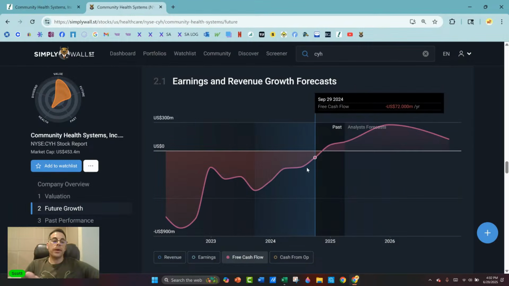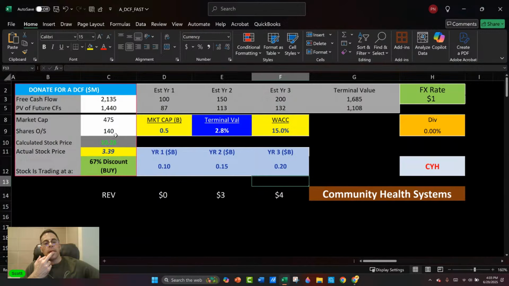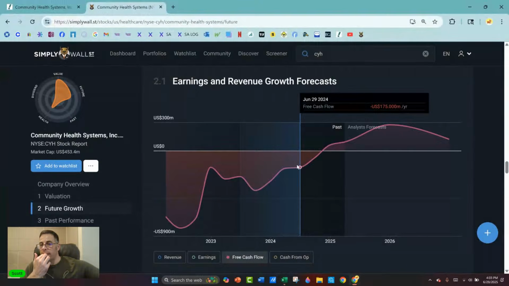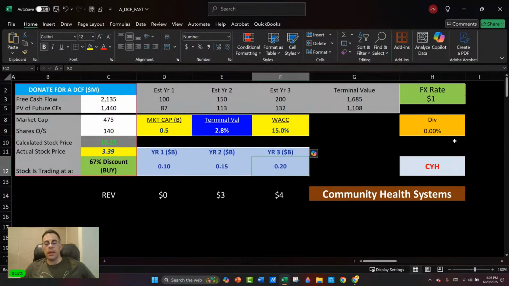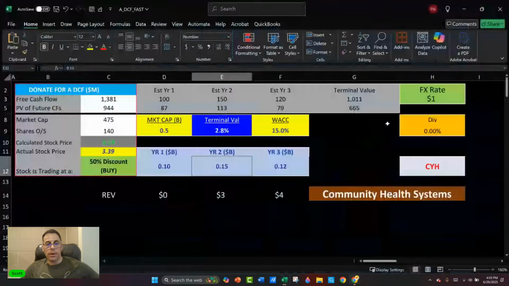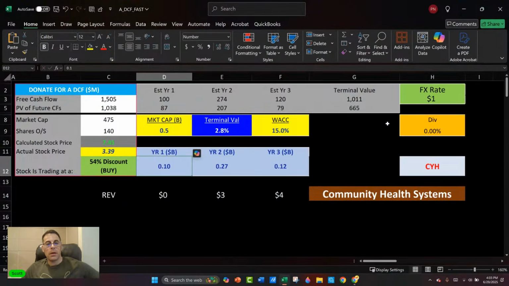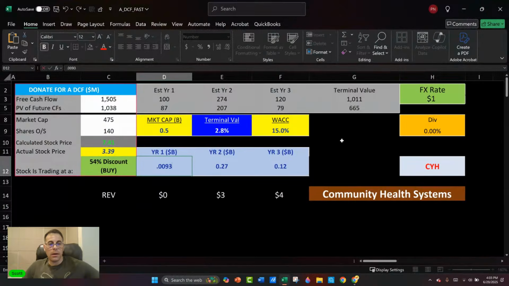Okay. Even with a conservative model, it looks pretty undervalued. I'm at $10 a share. I have their free cash flow growing, about 120 million in 2026. So let me use their exact numbers: 120 million, 274, and then 93.